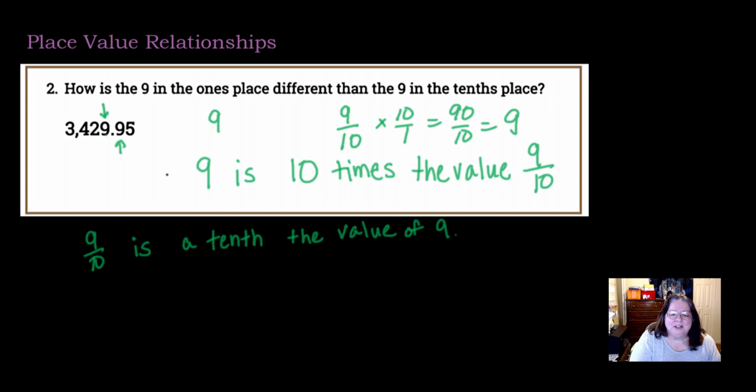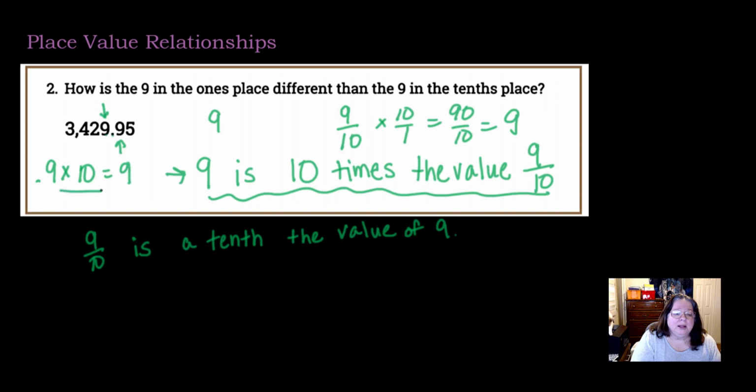This is one that we're probably the most familiar with, and really we're just reviewing that every time we move over a place value, the value of the digit increases by a factor of 10. So by a factor of 10, 0.9 times 10 equals 9. This is what that means, by a factor of 10.